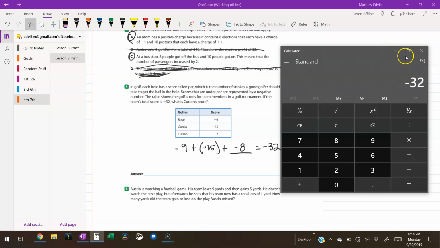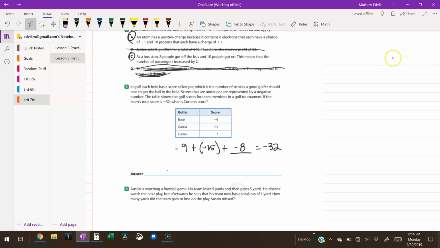I really like that question because it makes us think algebraically where we have a missing value here, but we already know what the result is.